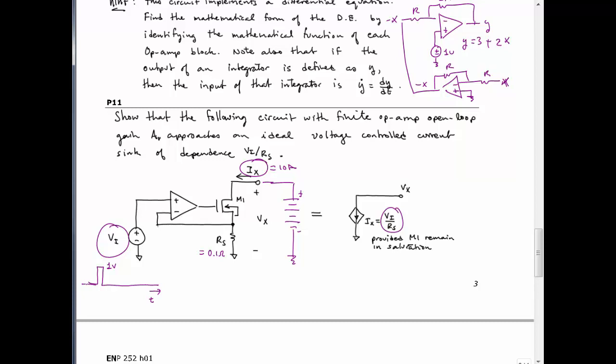So if the battery is a 12-volt battery, then during the time that it's pulling 10 amps, it's absorbing basically 120 watts. So it's a very practical circuit. And what you are to show in this problem is that you get this nice simple expression if AV goes to infinity.